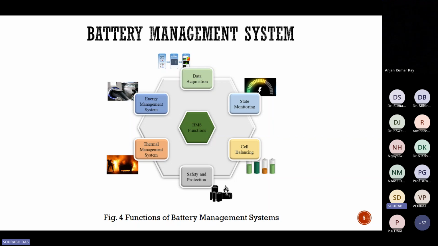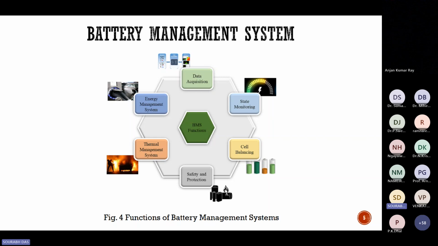So the first function is data acquisition. What is data acquisition? BMS gathers data from various sensors embedded with the battery pack, such as voltage, current, and temperature sensors. The data is processed to assess the battery's current status and performance.